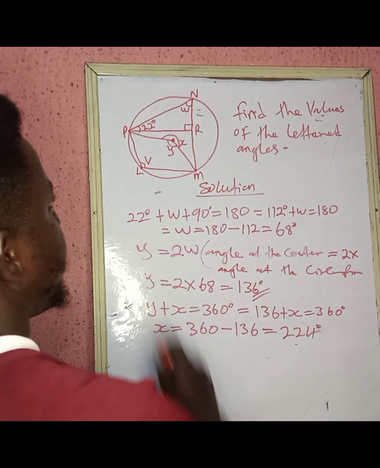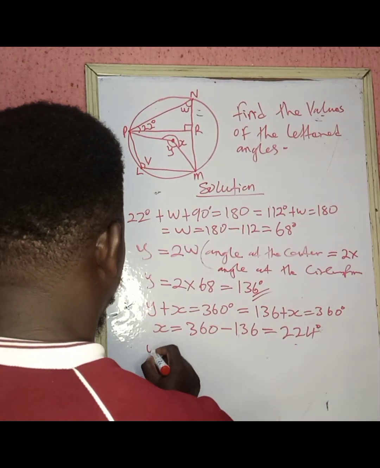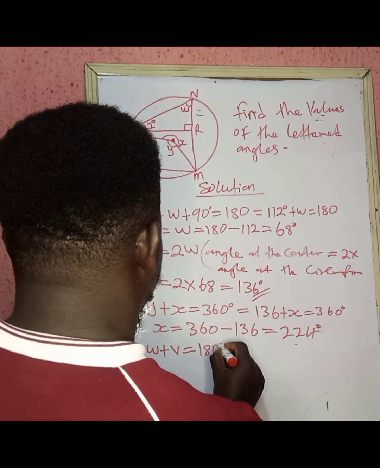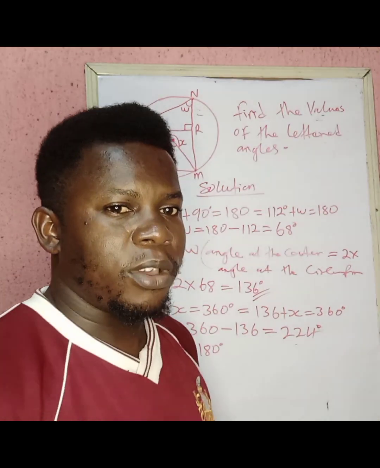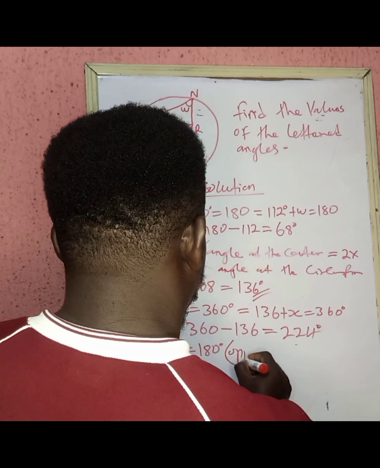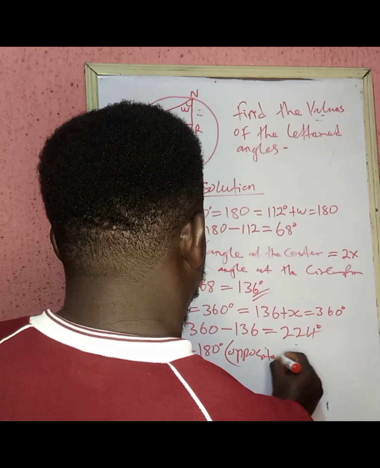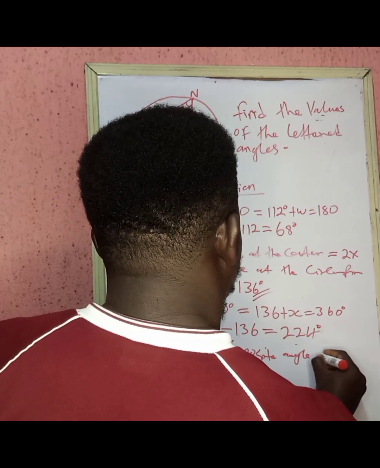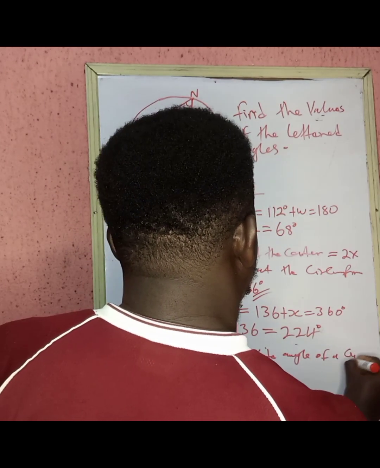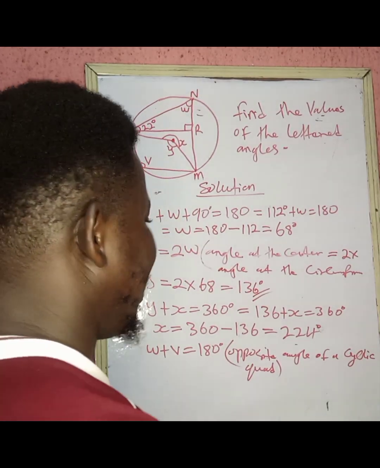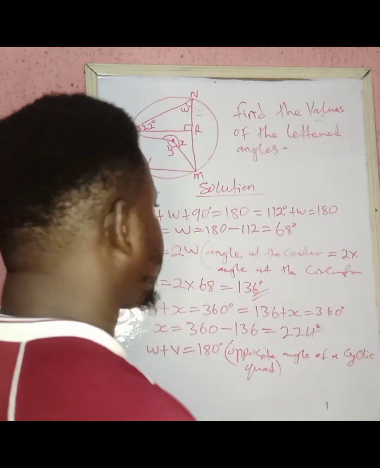Now we are looking for our V. We can say W plus V is equal to 180 degree. Are you following? Yes. What is the reason? Opposite angles of a cyclic quadrilateral.